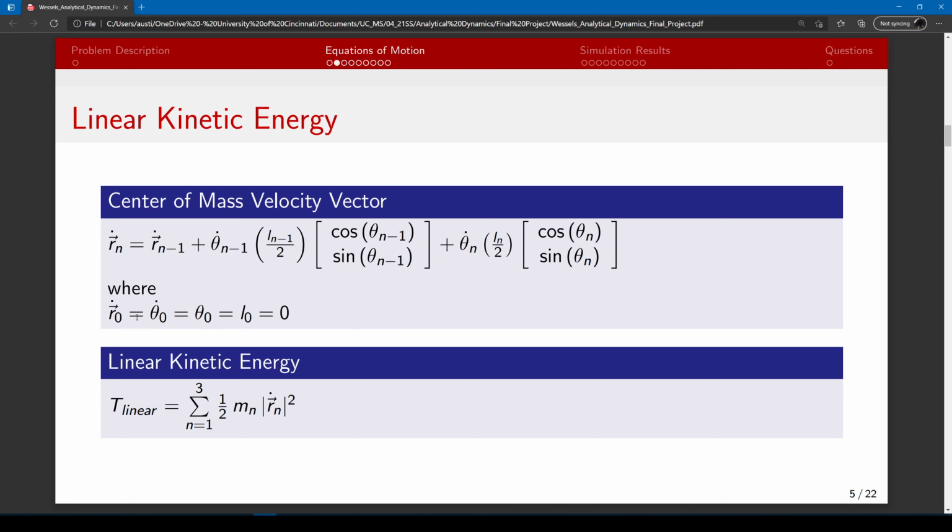And then we also make this distinction that r0 dot and theta 0 dot are 0, as well as our previous assumptions earlier. So the linear kinetic energy is the sum of n equals 1 to 3 of 1/2 m sub n times the vector r dot sub n squared.